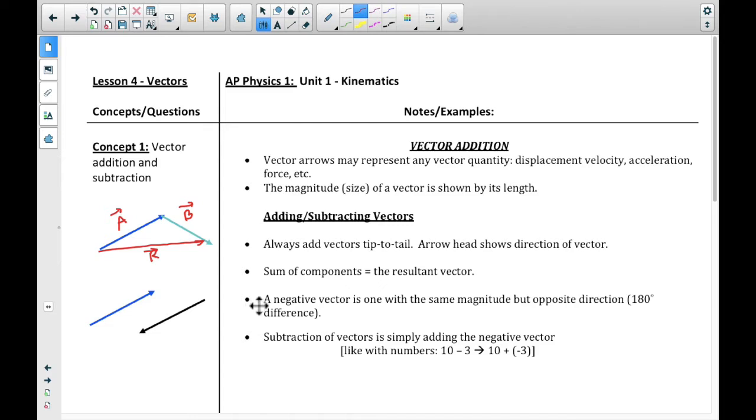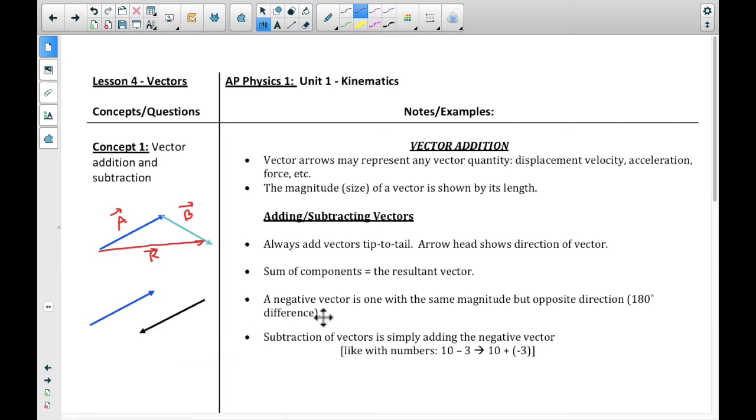A negative vector is one that has the same magnitude but opposite direction. That is 180 degrees difference. So these two vectors are opposites of each other. I would say this one might be a positive vector and this is the negative vector. So they're the exact same length, but they're pointing different ways.